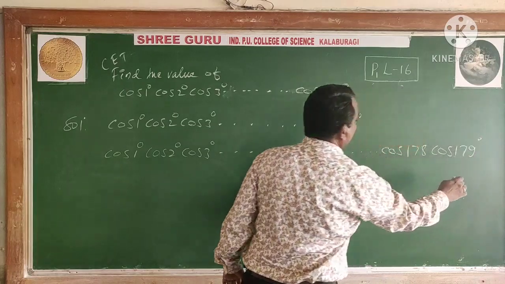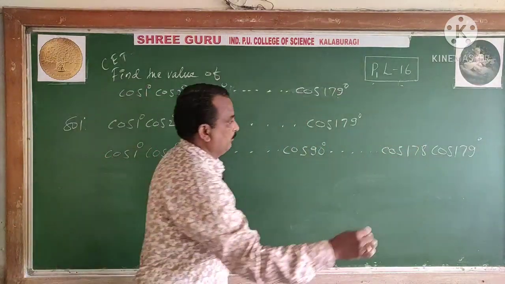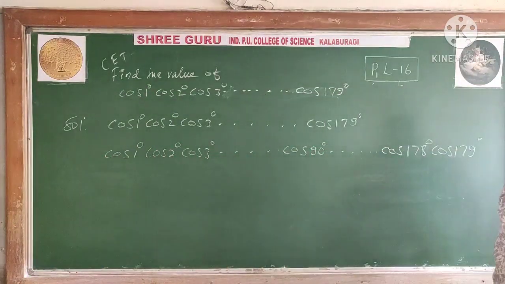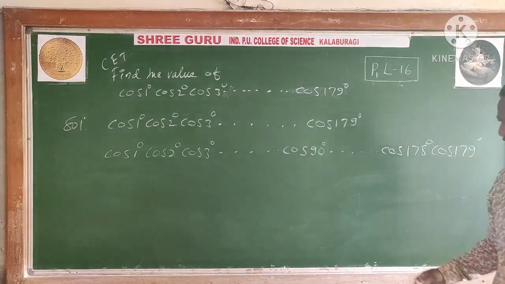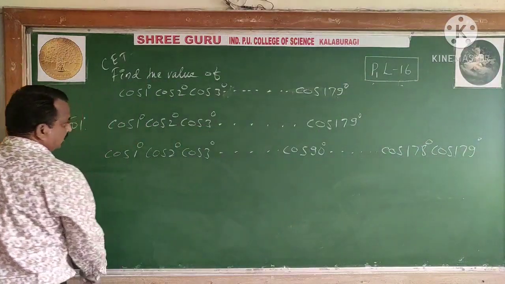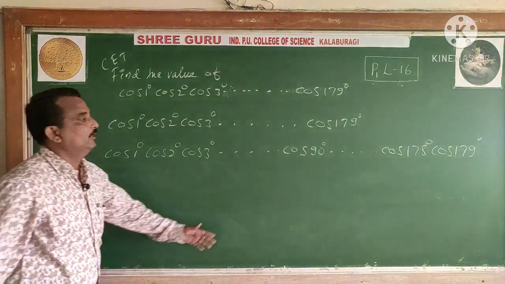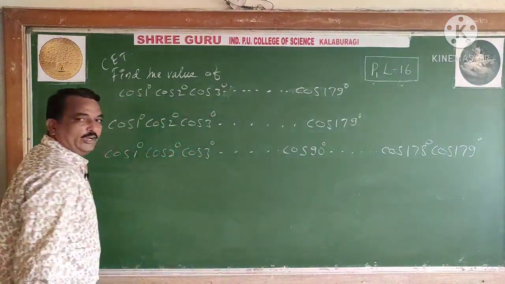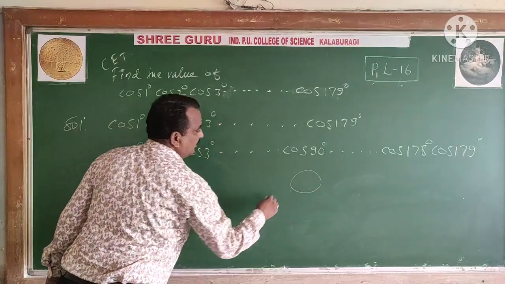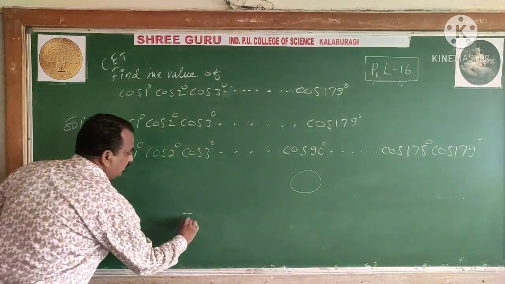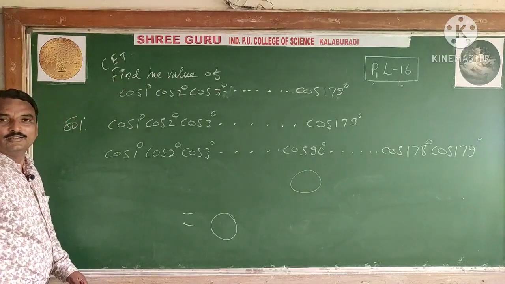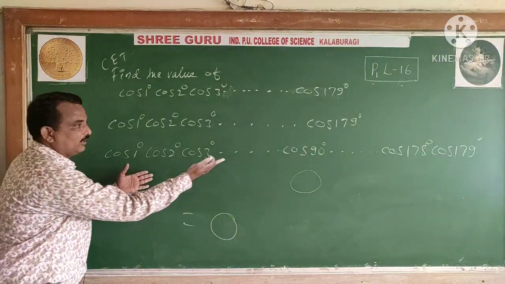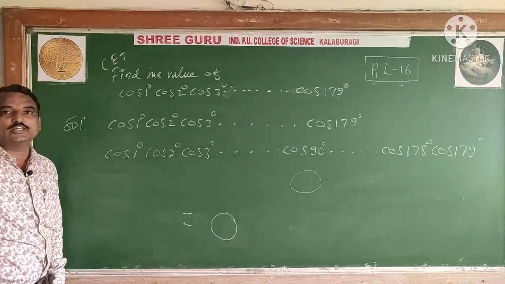Like that you have the terms, all in a product. What is cos 90? Cos 90 becomes 0. 0 into anything is 0. This cos 90 vanishes the whole expression.